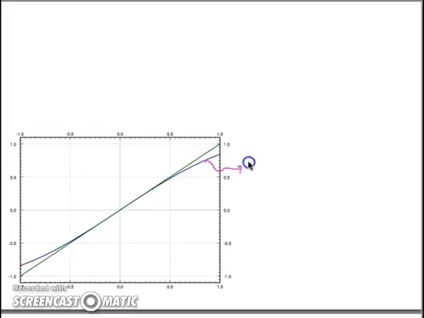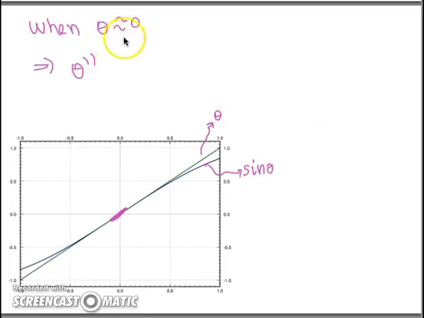This curve here denotes sine of theta, and this is a line that is theta. So there is a section around 0 at which the line and the sine function are very close to each other. So when theta is small, or is close to 0 from the left or right, we could approximate sine of theta with theta, and then the equation of motion becomes this equation.